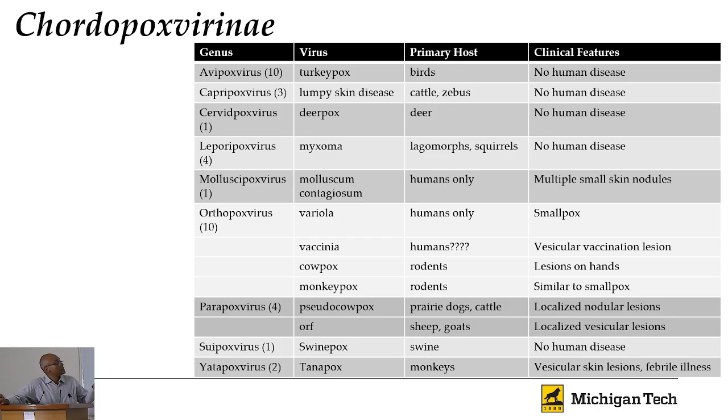There are others also that do not cause human disease, and we are not focusing on other animal diseases here. Mostly we focus on what actually affects the human population, but there are other viruses which mostly affect different animal models.